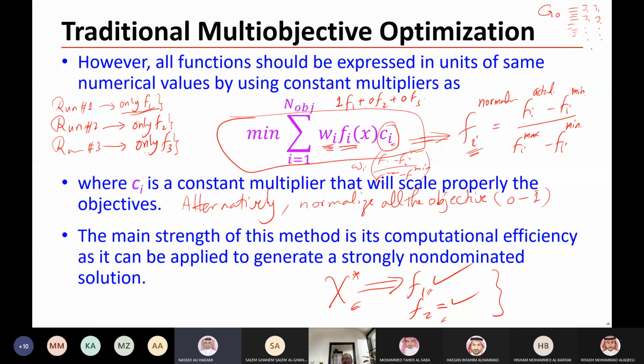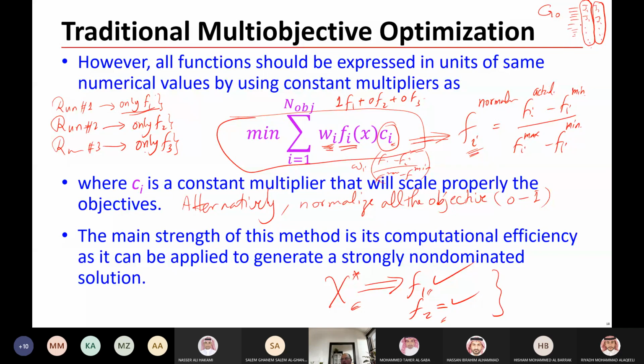So for J1, you can know J minimum and J maximum. For J2, you can also identify J minimum and J maximum. Is it clear? So you know the minimum value and the maximum value for each objective.